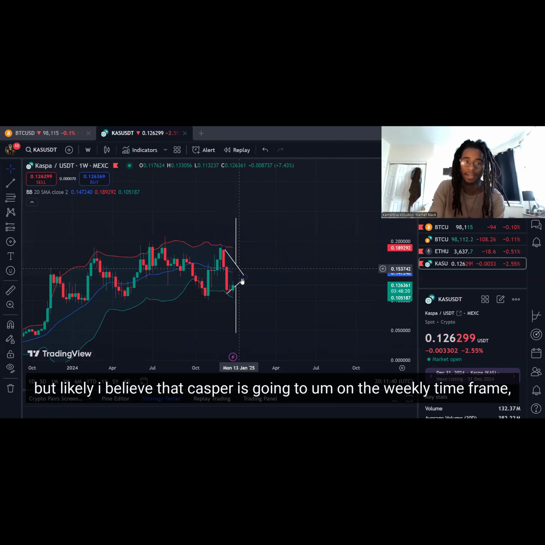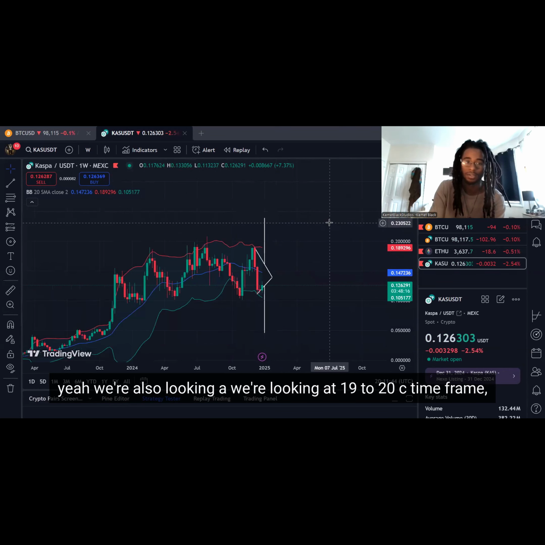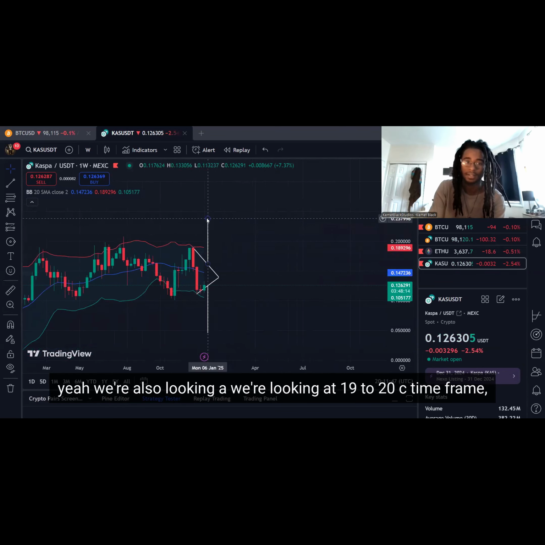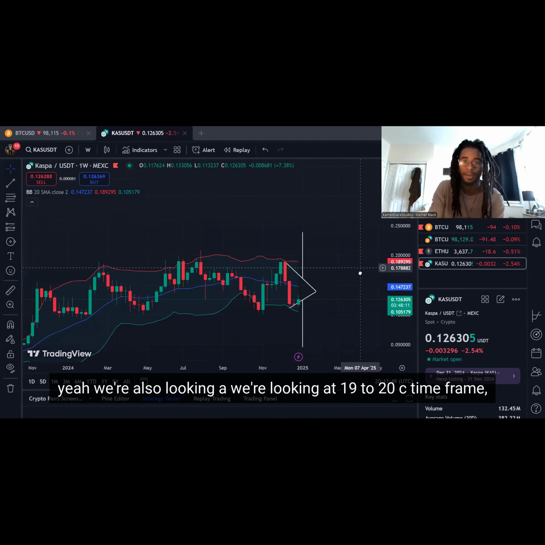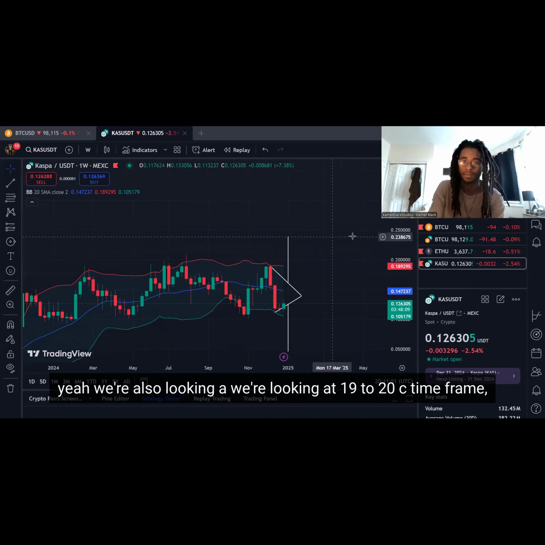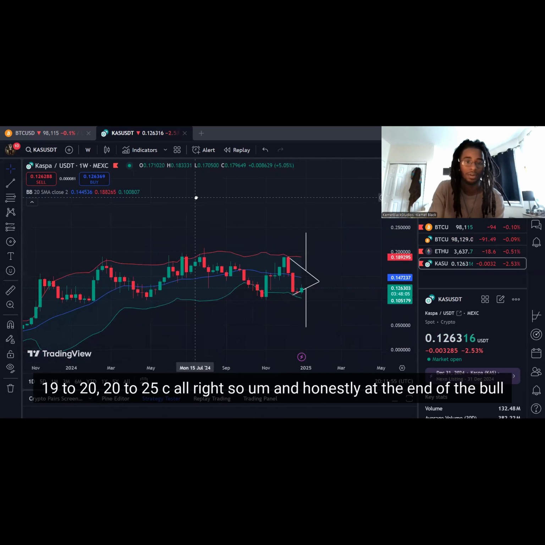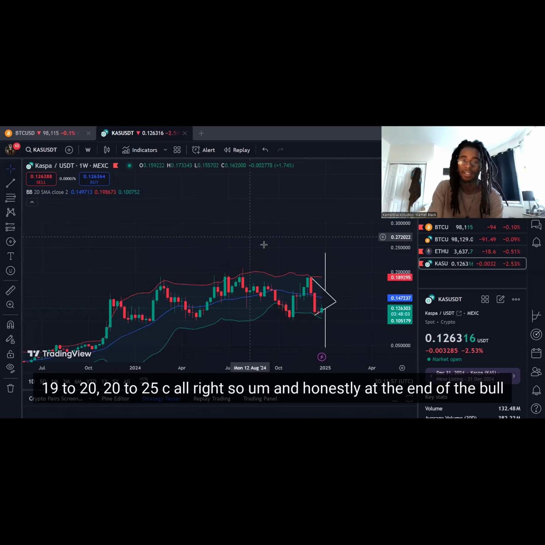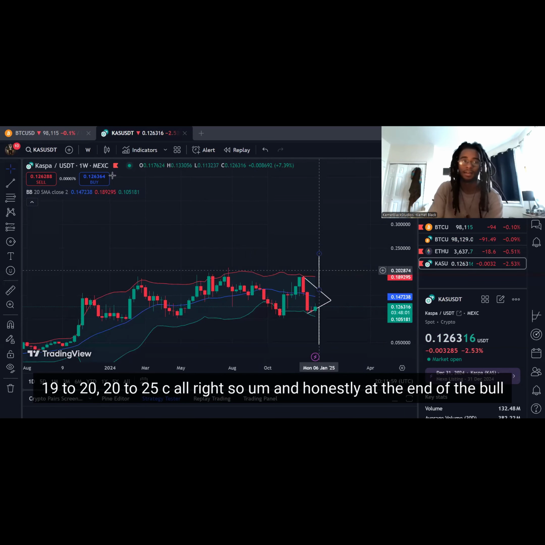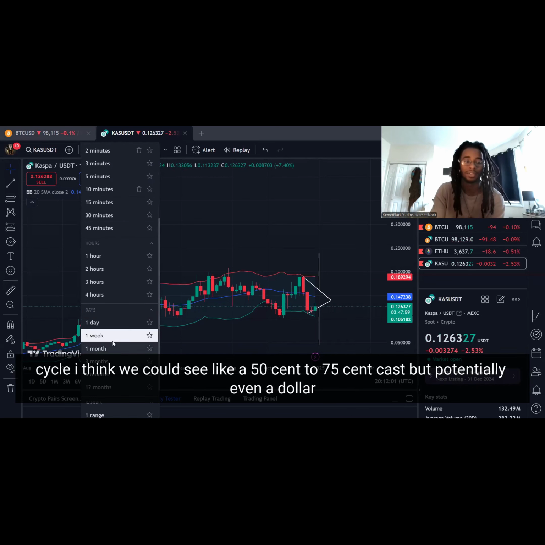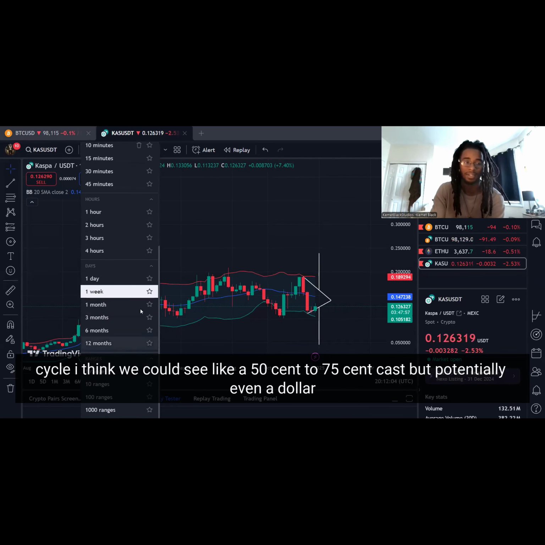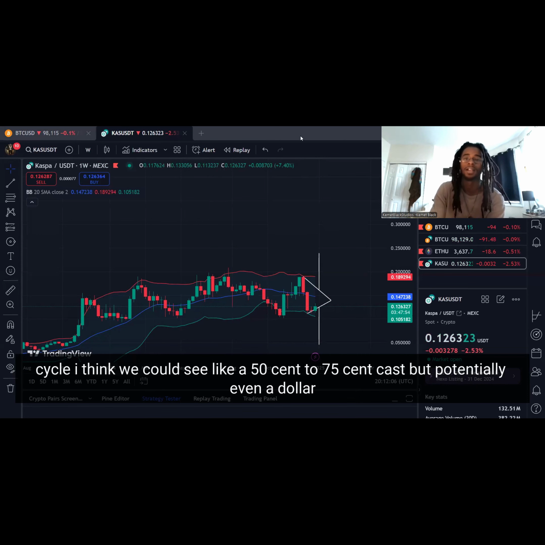But likely, I believe that Kaspa is going to, on the weekly time frame, we're also looking at a 19 to 20 cent time frame, 19 to 25, 20 to 25 cents. And honestly, at the end of the bull cycle, I think we could see like a 50 cent to 75 cent Kaspa, potentially even $1 or more.